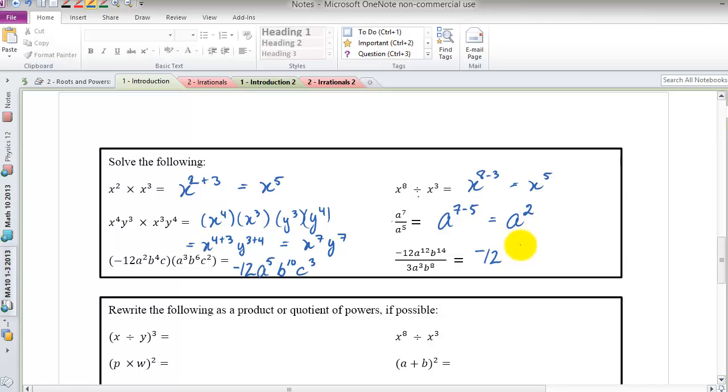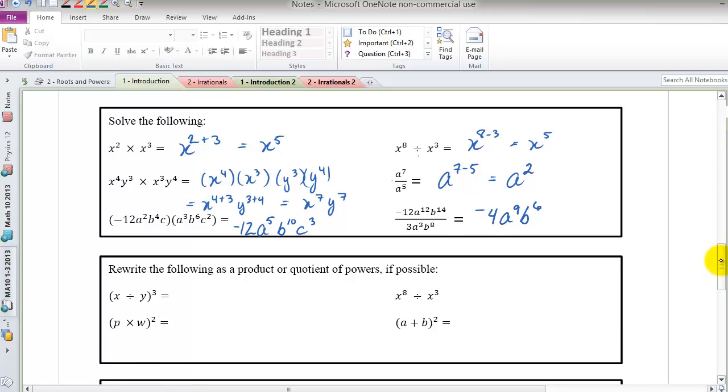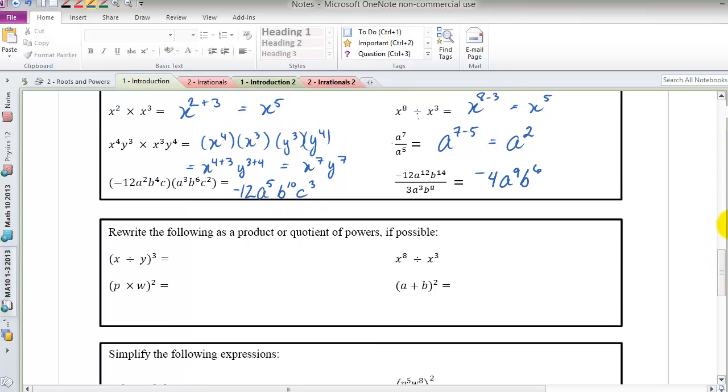Negative 12, oh nope, it's 12 divided by 3, so that's negative 4. a to the power 12 minus 3 is 9, and b to the power 14 minus 8 is 6. So those are the exponent product and division laws or rules.